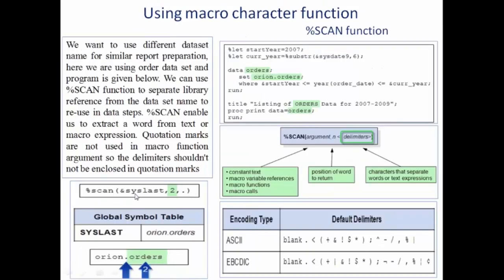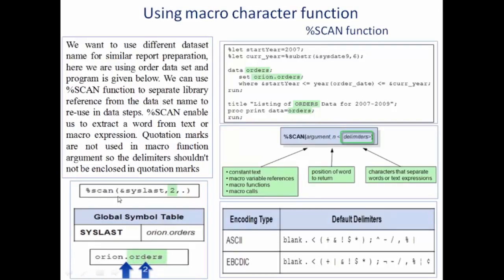Do you have an idea how the scan function works? Suppose I am referring to a data set called oran.orders, wherein I am only interested in the orders, the second part.